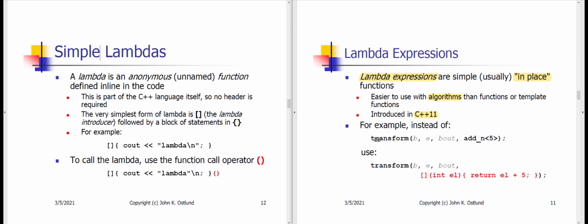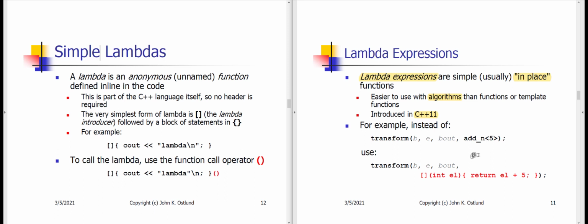So previously we took a look at using the transform algorithm by giving the beginning and ending iterators for some range, perhaps in a vector, and some output iterator, which may be a different container, a different vector, or it may be the same vector, the same container. And we had this template function, add_n, to which we passed this value 5. And that added 5 to each of the elements in the input range and stored the resulting modified values in the output range.